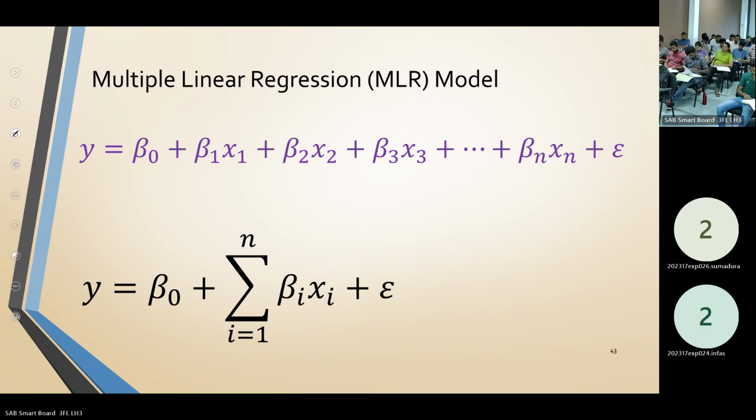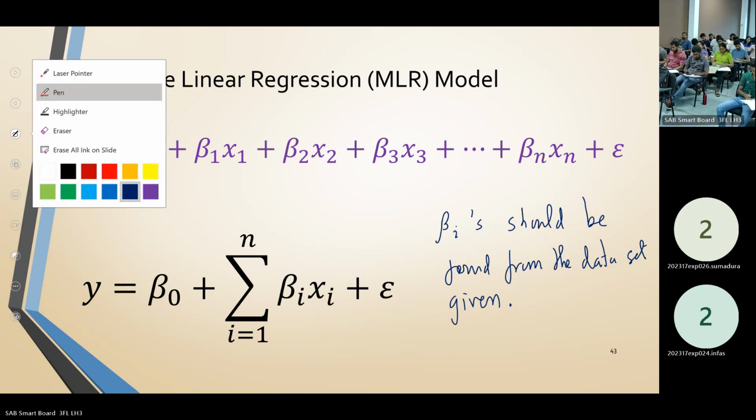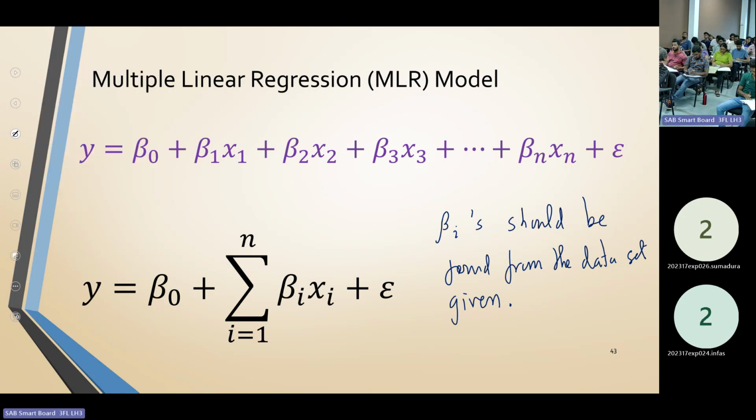Here, the beta i's should be found from the data set given, and these are called the regression coefficients.